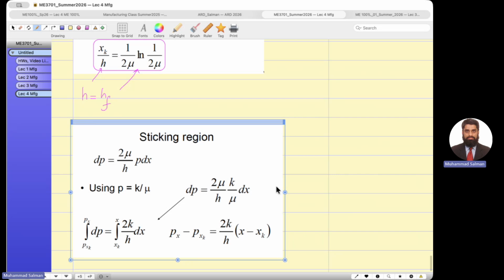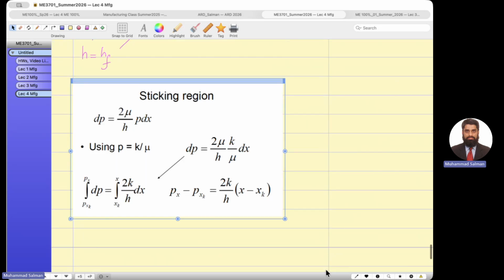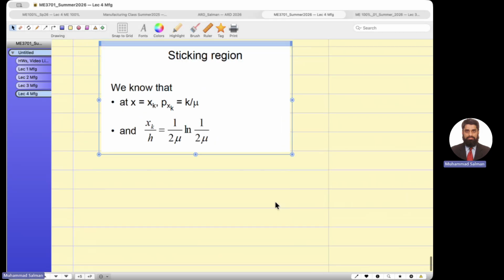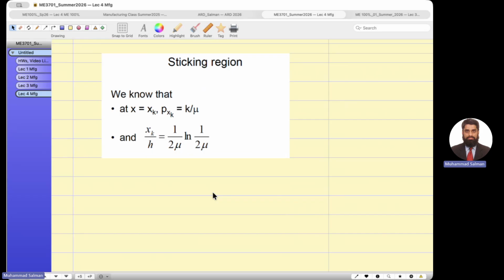And if you are having both sticking and sliding, then in the end you will find the total for the sticking region at x equals xk, and p at xk equals k over mu. This k equals mu times p, and this is the same formula I just mentioned here.